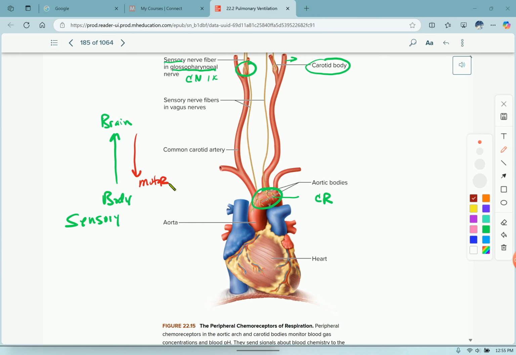So cranial nerve 9 is a sensory nerve, so it's going to pick up on the chemical changes of CO2 versus oxygen. And this will also influence the rate of our breathing. So the more CO2 buildup, for example, from running, the faster you are going to breathe.